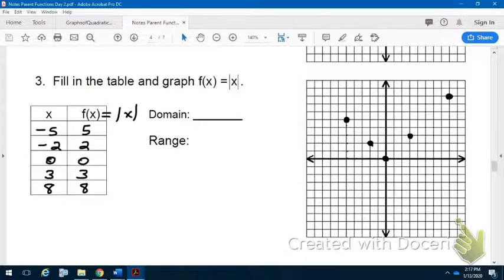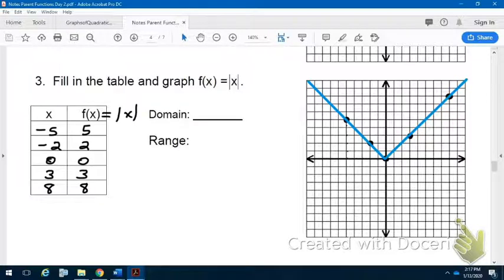And you can see that the basic shape of this is a V, and it's going to go from corner to corner, and it's going to go through every intersection of every grid line.